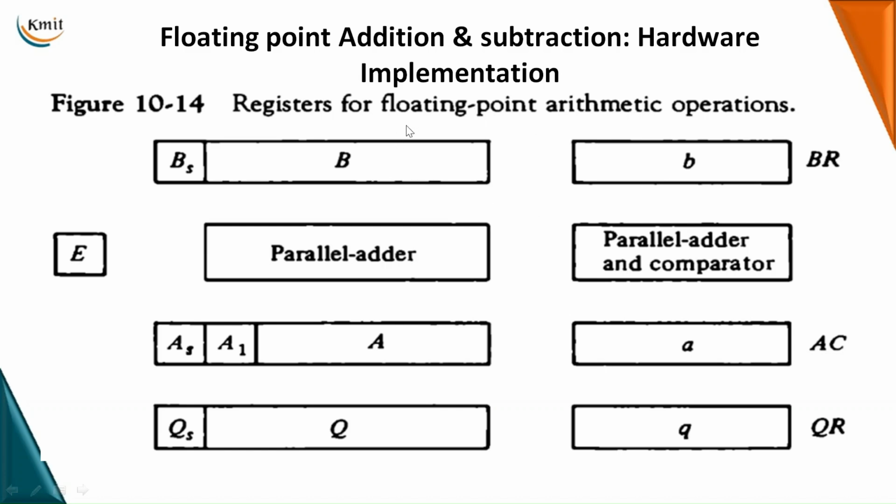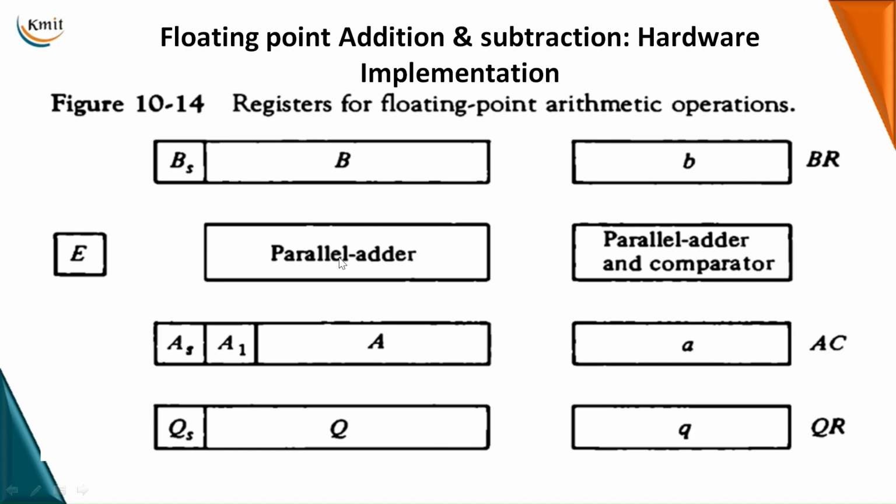The registers are divided into two parts, where one part is represented by the uppercase letters B, A and Q, and these are used to store the mantissa part of your data. Whereas the lowercase registers, small a, b and q, are used to store the exponent part of your data. So AC is divided into two parts, capital A and small a, where capital A stores the mantissa part and small a stores the exponent part. Similarly for all the registers present in the hardware.